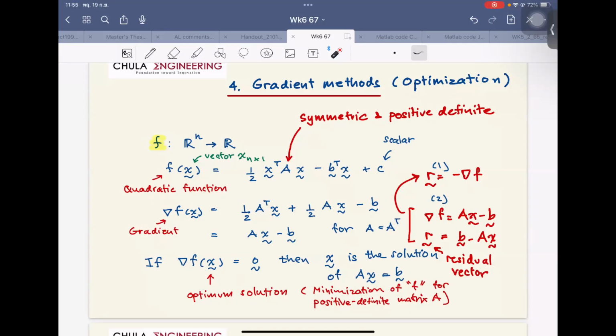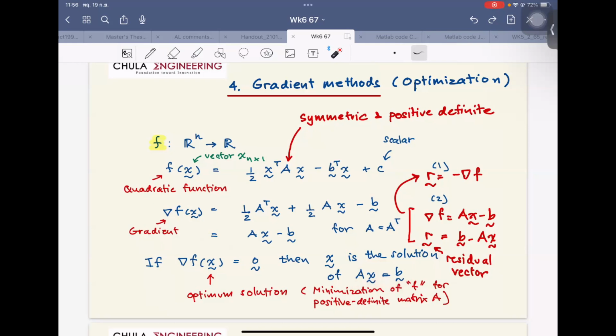But in the case of multiple unknowns, we look at the gradient. The gradient contains the partial derivatives. I will explain the gradient later. The objective here is to show that the solution x that makes the gradient equal to 0 is the optimum solution for this problem, and is the same as the solution of the linear system.